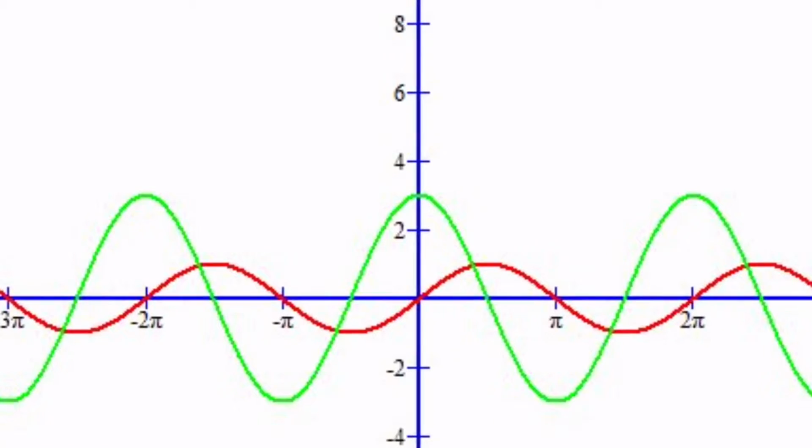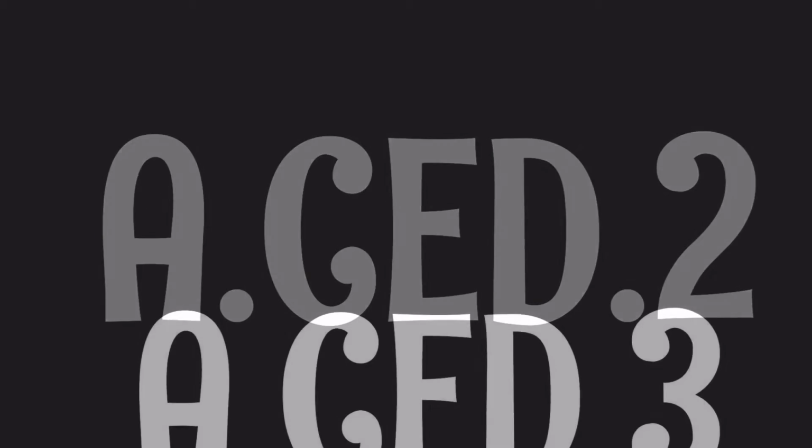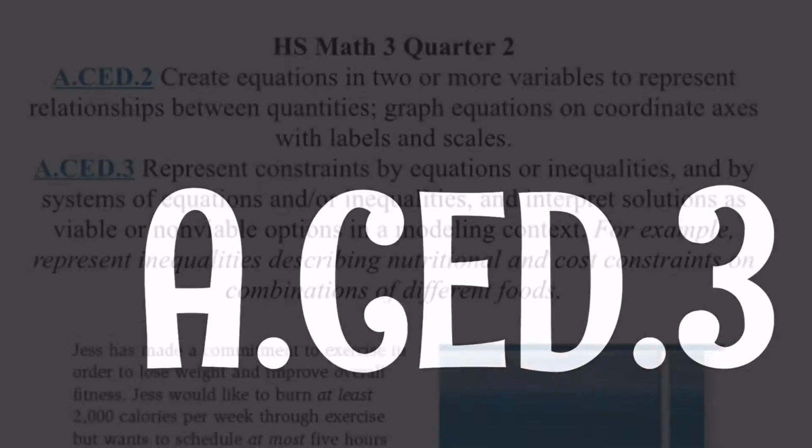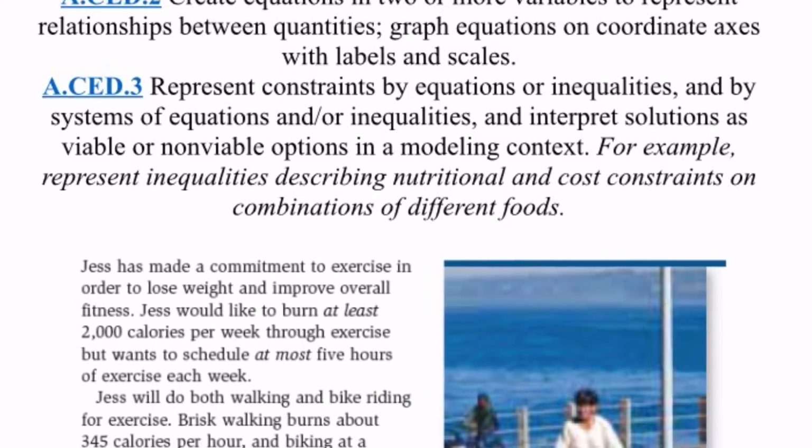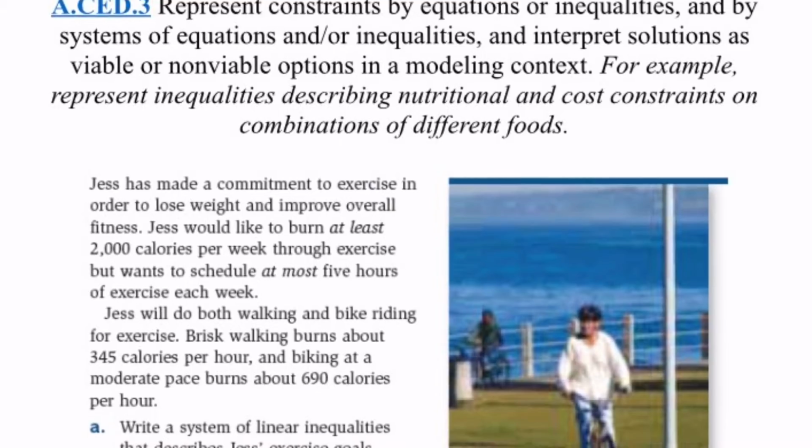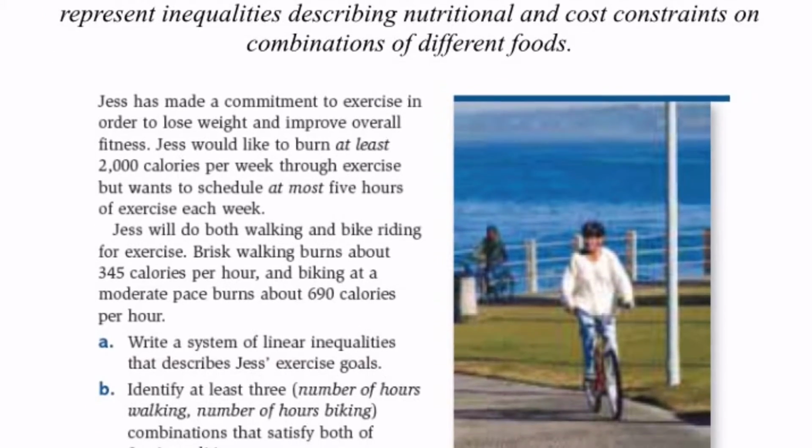Moving on to a brand new standard, yay, CED2 is to create equations in two or more variables that represent relationships between quantities. ACED is also combined in the same standard since it represents constraints by equations or inequalities and by systems of equations or inequalities, and interprets solutions as viable or non-viable options in a modeling context.